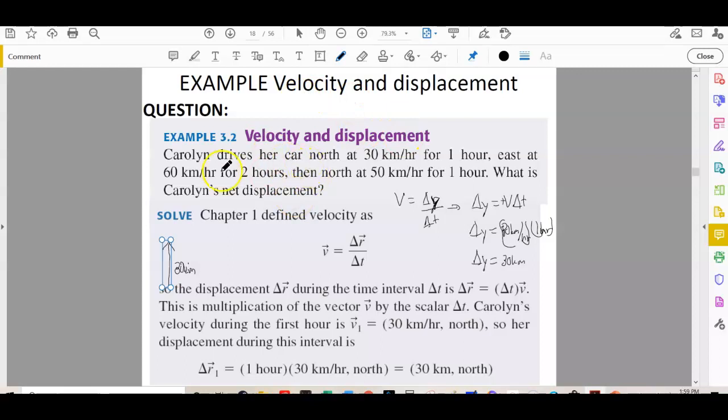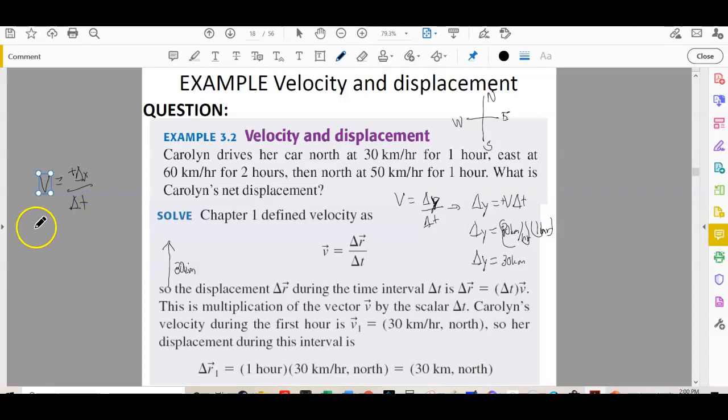Okay. She then drives eastward. Never eat sour watermelons. So I'm going to put a cardinal coordinate system. This is north, east, south, and then west. So she now drives eastward 60 kilometers an hour for 2 hours. So she's driving 60 kilometers an hour, and so this way she's driving in the positive x direction, delta x over delta t.